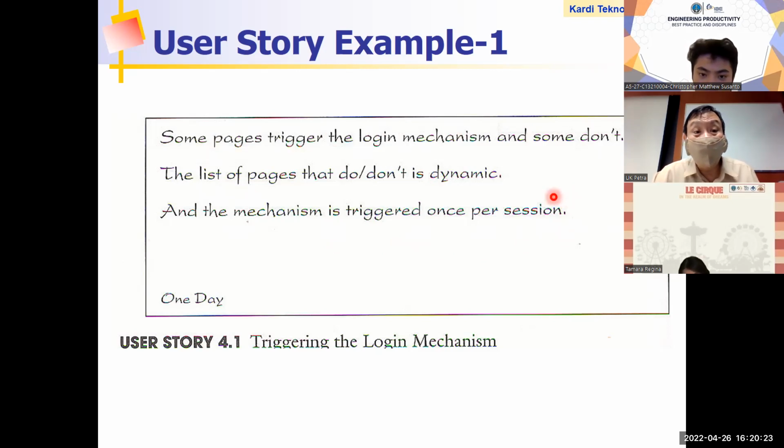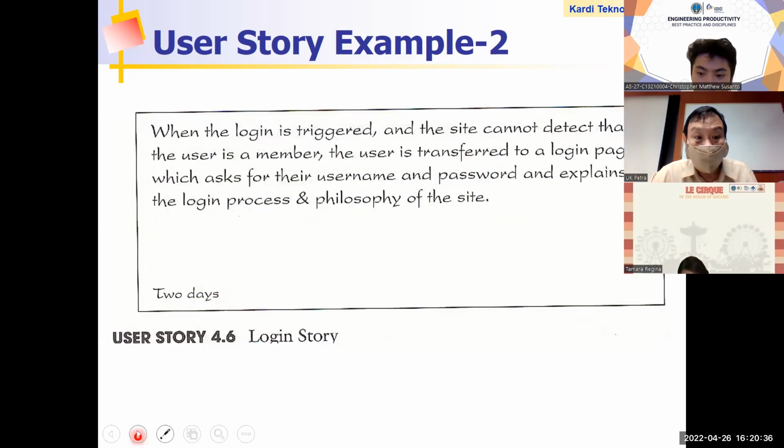Okay, and then the developer will say 1 day. They will do this in 1 day. Okay, and the same thing here. When the login is triggered, the on-site cannot detect user or member, blah, blah, blah. And then the developer will estimate the time, 2 days.